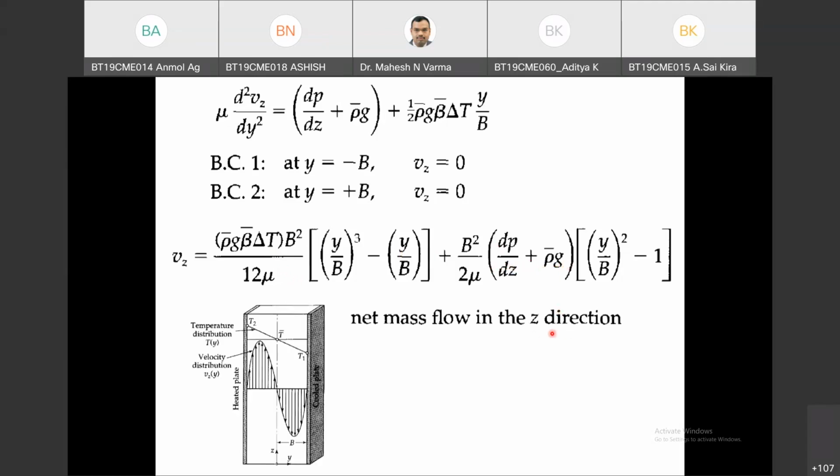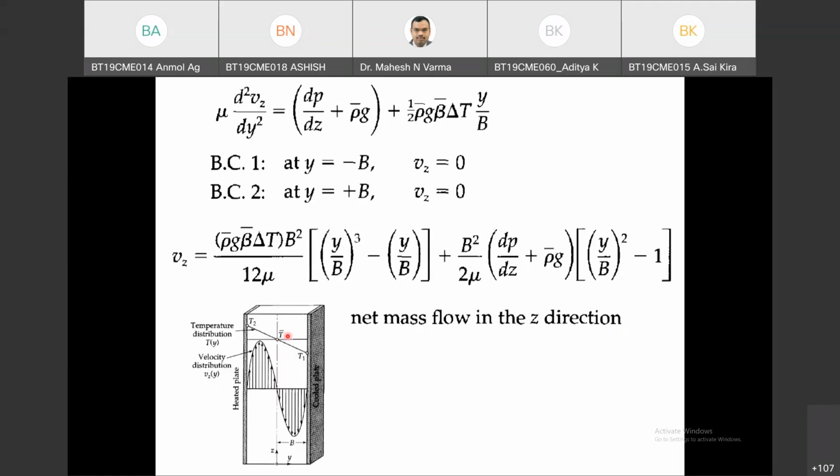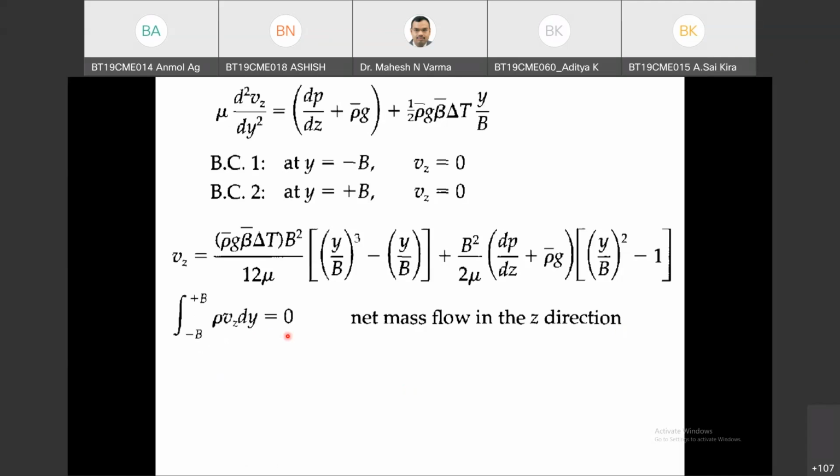So net mass flow rate in z direction. If we consider a delta t smaller value and neglecting delta t square, this will be a net mass flow rate. You can think of velocity multiplied by cross sectional area. This will be in y direction, and x direction velocity is constant, so you can neglect. This will be a net mass flow rate in z direction per unit width.